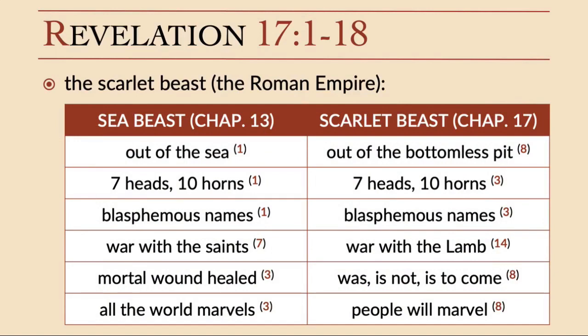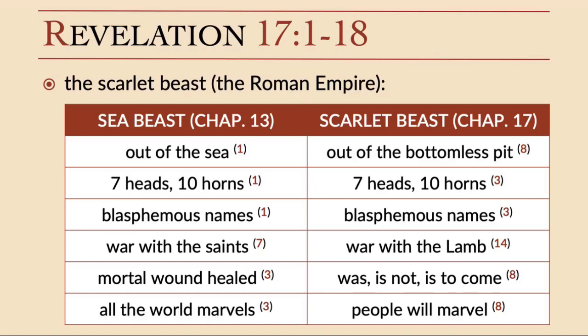Let's go back to chapter 13. Go ahead and open your Bibles and go back to Revelation chapter 13. We'll come back to 17 in just a minute. But I want us to read chapter 13, the first 7 verses, because there is a sea beast that is described in that chapter. Okay? And I saw a beast, this is chapter 13, verse 1, and I saw a beast rising out of the sea.